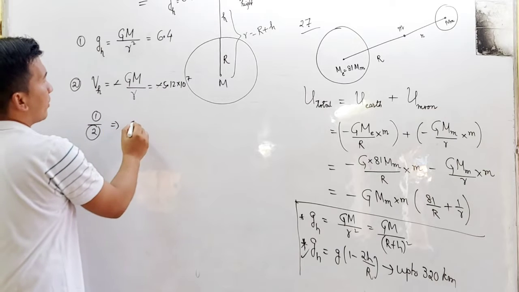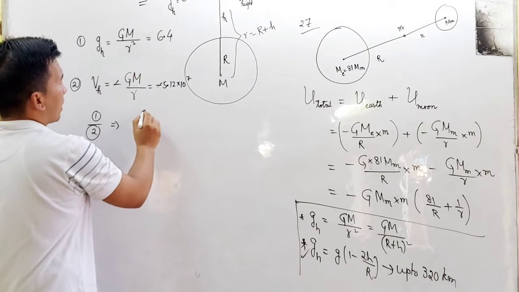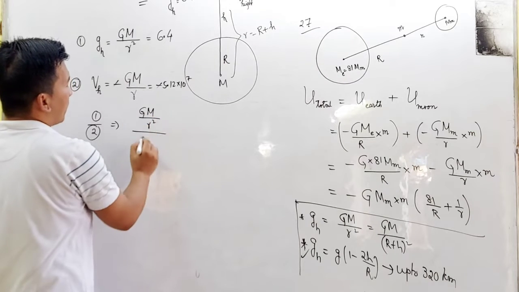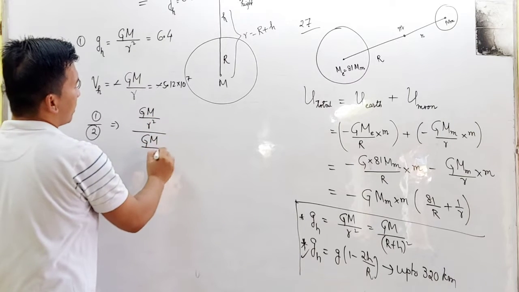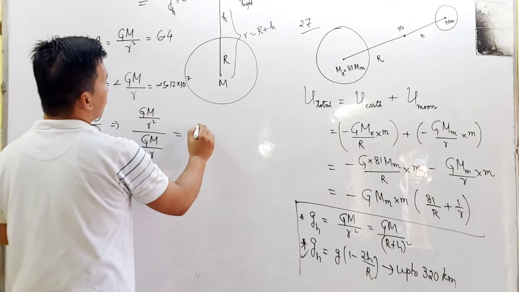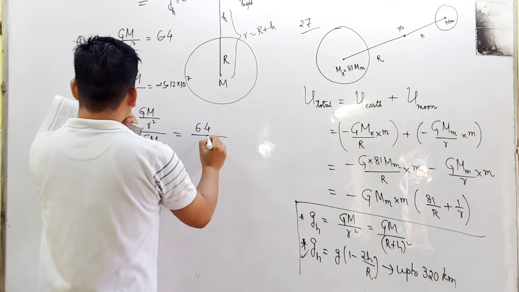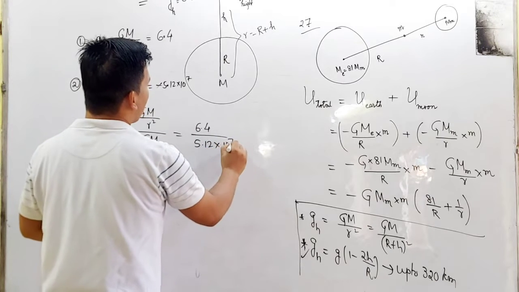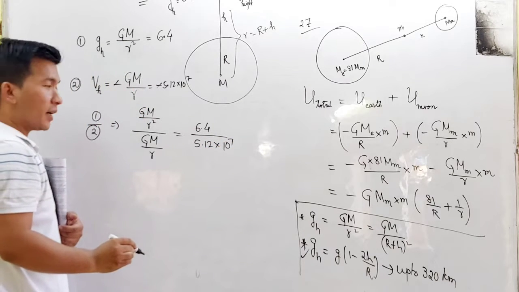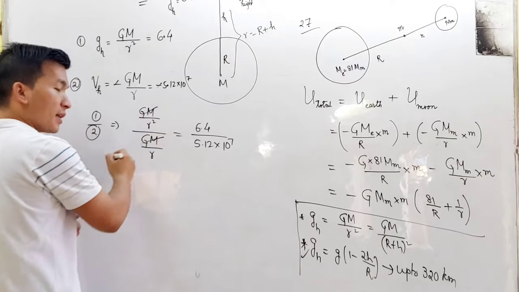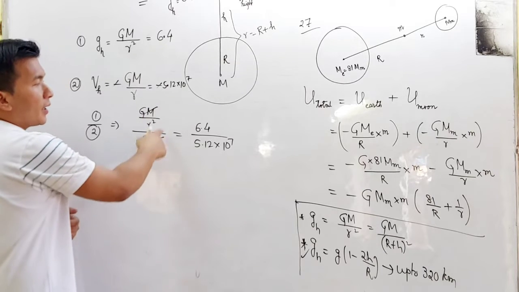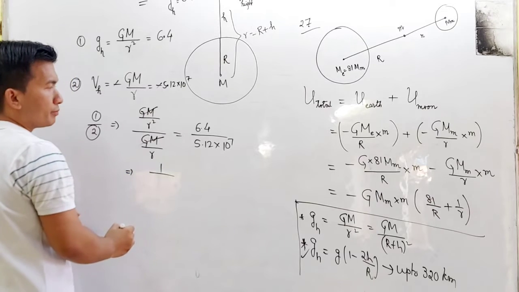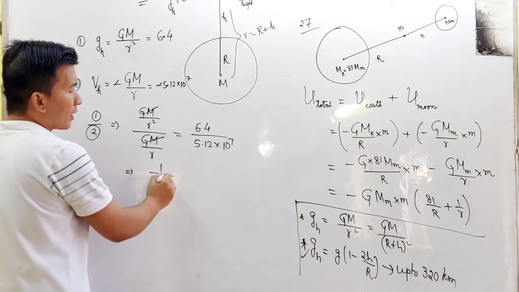We will be having capital G M divided by small r squared, divided by capital G M divided by small r, is equal to 6.4 divided by 5.12 into 10 to the power 7. Here capital G M cancels out, and small r cancels out partly, so this can be written as 1 by small r.